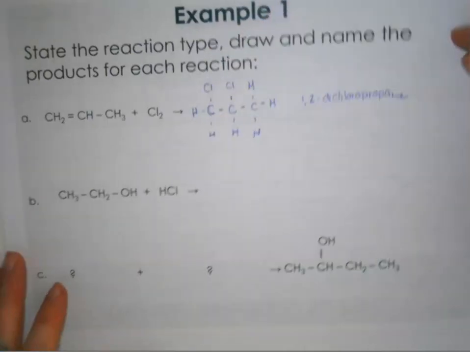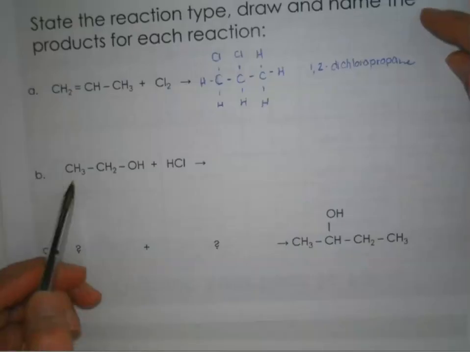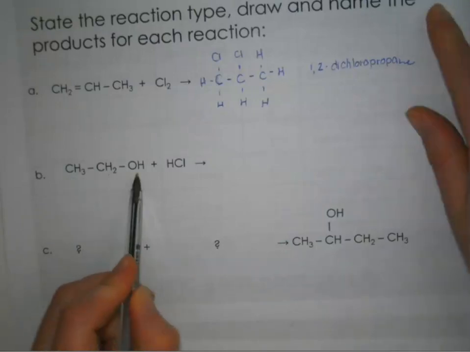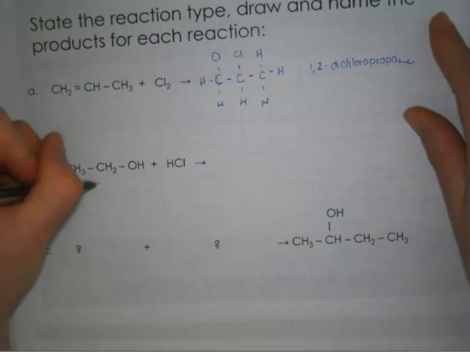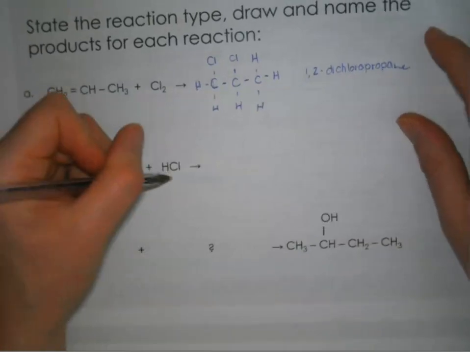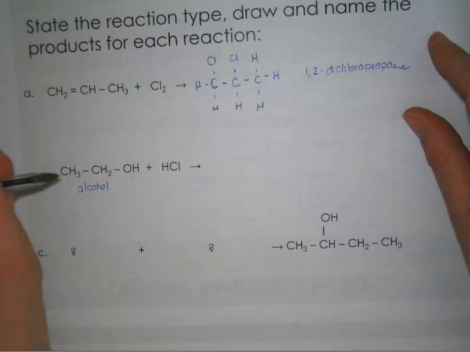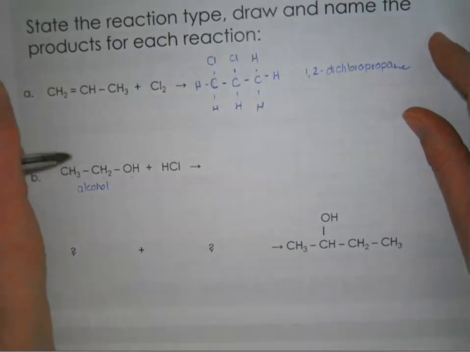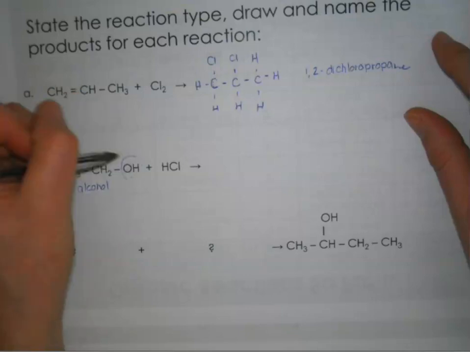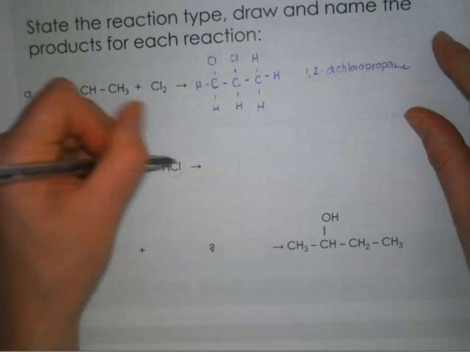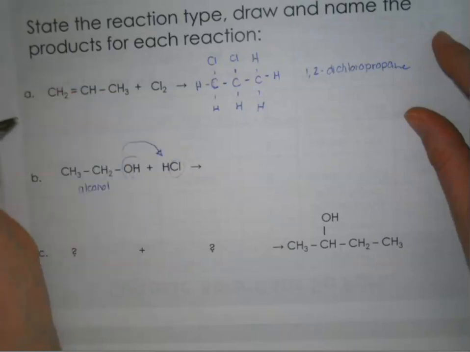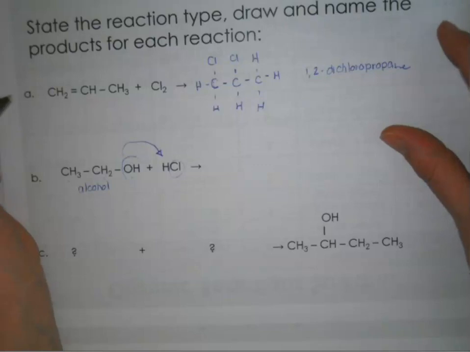Okay. Next one here, we have CH3CH2OH. So that means we're working with an alcohol here. And we have a hydrogenated halogen. And so what's going to happen here is our hydroxide is going to switch places with the halogen, and the hydroxide is going to link up with the hydrogen from that hydrogen chloride to form water.